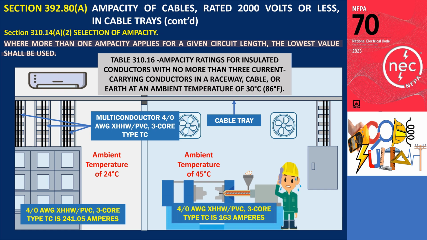However, as the cables pass through the production area at 45 degrees Celsius, the ampacity decreases by 0.71%, reducing it to 163 amperes. Following Section 310.14(A)(2), the lowest applicable ampacity for the entire circuit length must be used. Therefore, the ampacity of the multiconductor cables is 163 amperes.